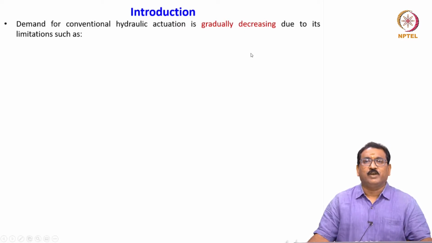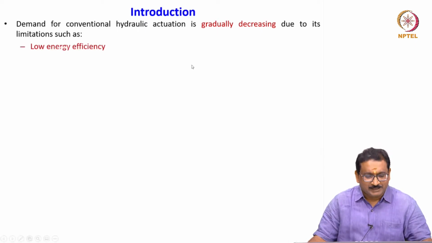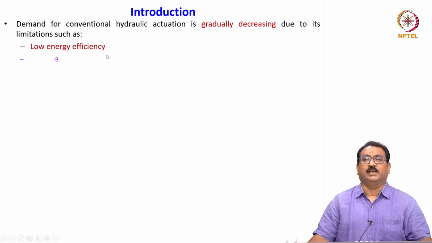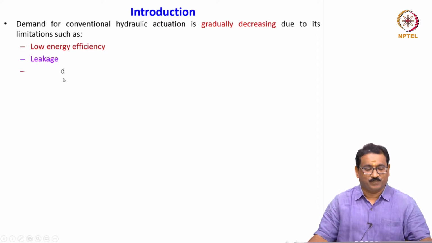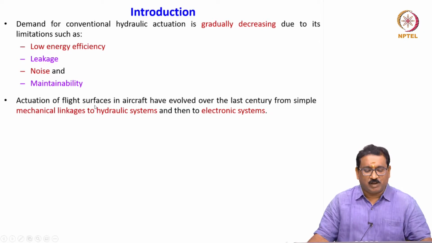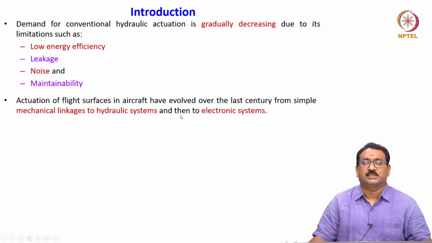Demand for conventional hydraulic actuation is gradually decreasing due to its limitations such as low energy efficiency, leakage, noise, and maintainability. Actuation of flight surfaces in aircraft has evolved over the last century from simple mechanical linkages to hydraulic systems and then to electronic systems.